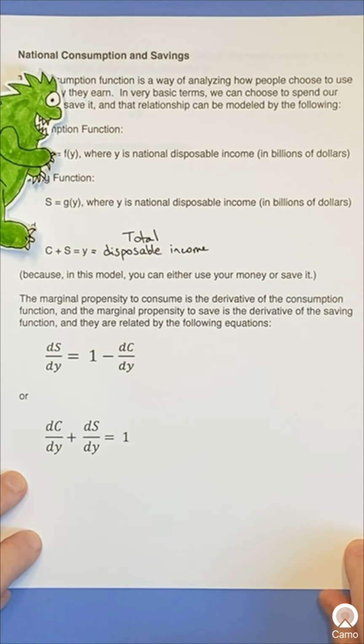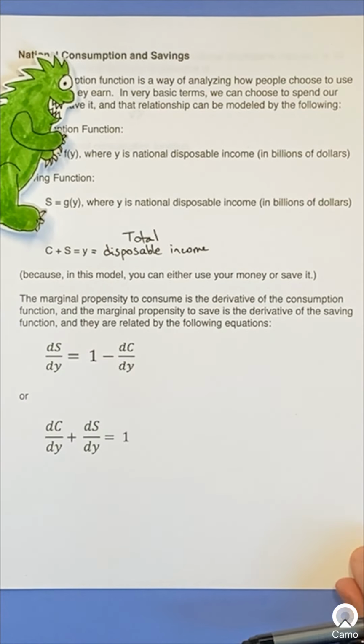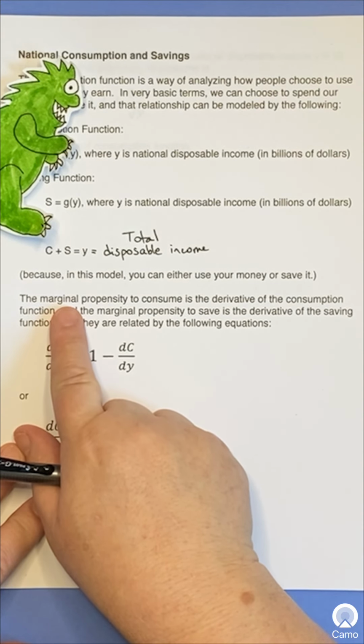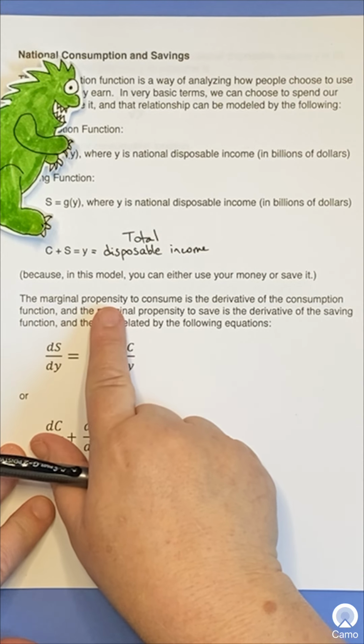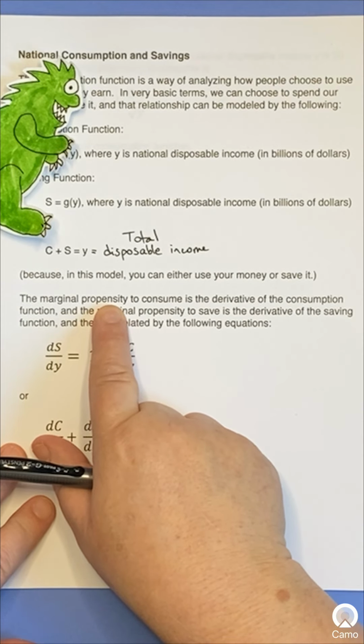So, some more words, because if there's one thing economists like more than using letters for many different things, it's words. Remember, anytime you see the word marginal, we're talking derivatives. Marginal propensity: propensity means tendency, whether you're likely to do one thing or another.